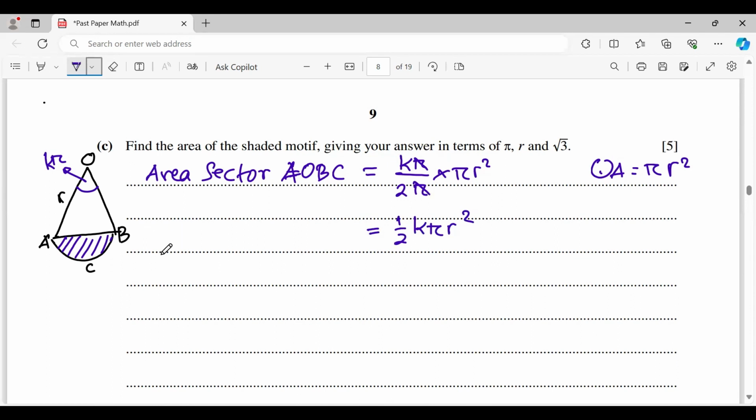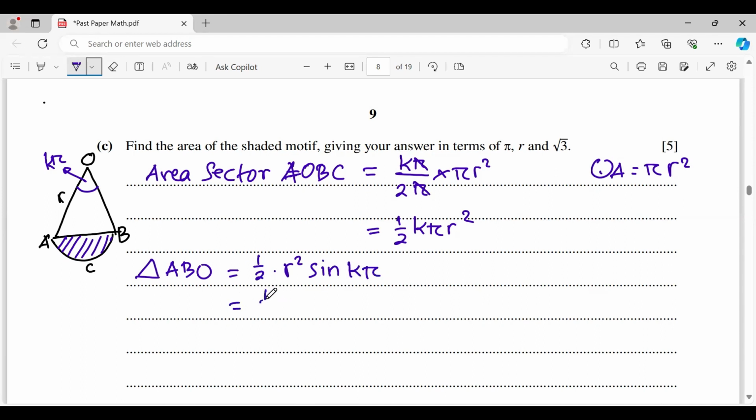Okay. After that, triangle ABO. Triangle ABO, we are going to use the sine rule. Half times r squared sine k pi.